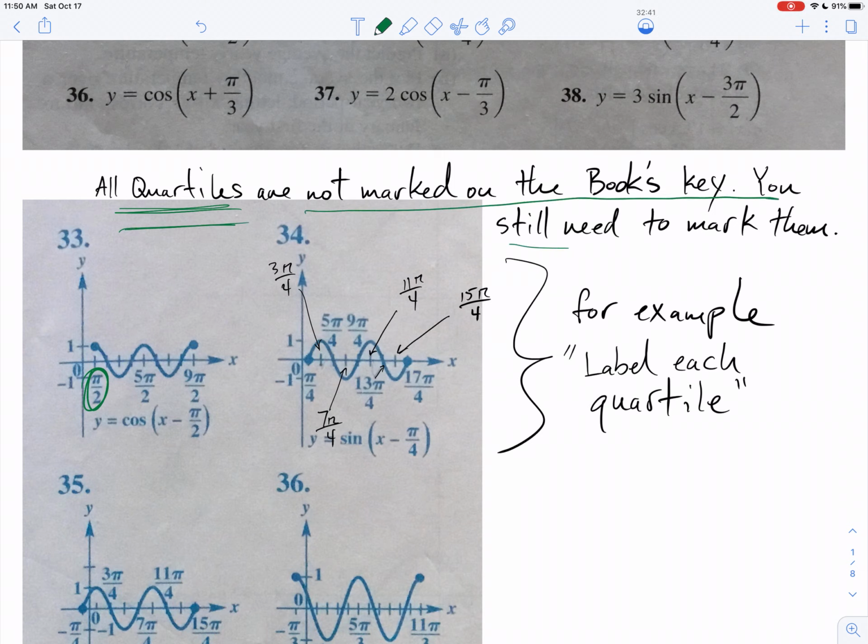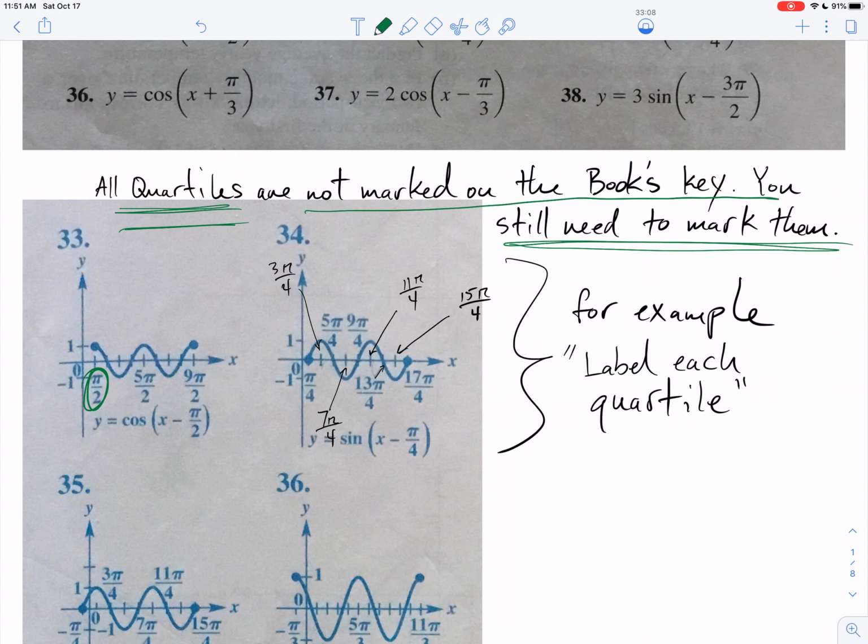That means you still need to mark them. Now, this is, in my opinion, the toughest lesson that you guys have in graphing. So you'll see that on problem 34 here, I labeled each quartile. I went in and I filled in the blanks for you. But I don't really want to do that for you on every one of them because I want to see how much you trust your own self.